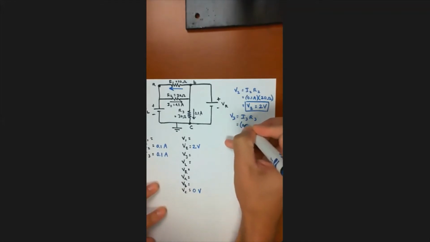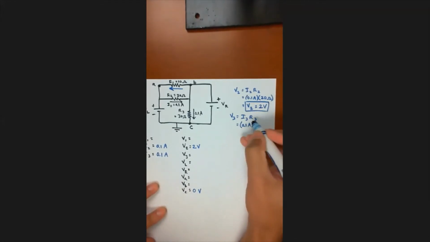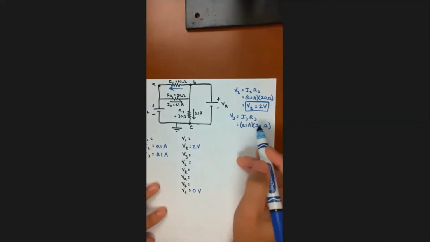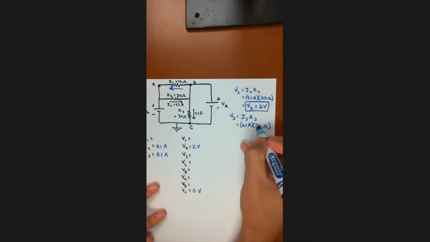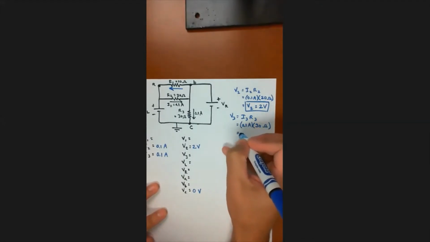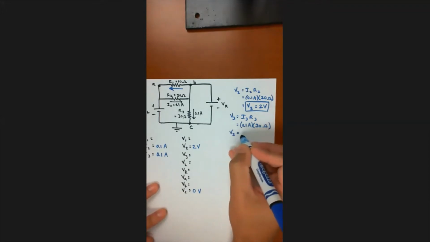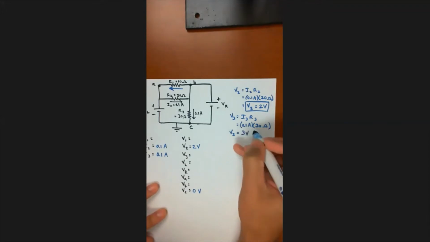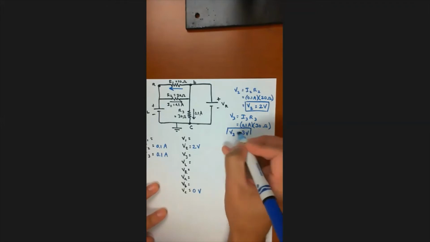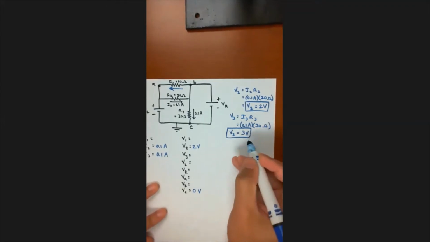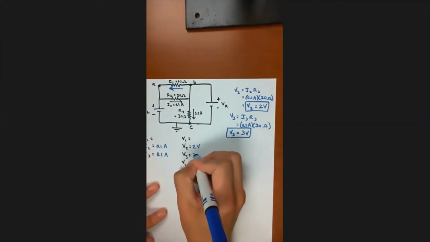I3 was also 0.1 amps. R3 was 30 ohms. And if we're multiplying 30 times 0.1, just move the decimal place over to the left one, and you get V3 equals 3 volts. So write that in down here, 3 volts.